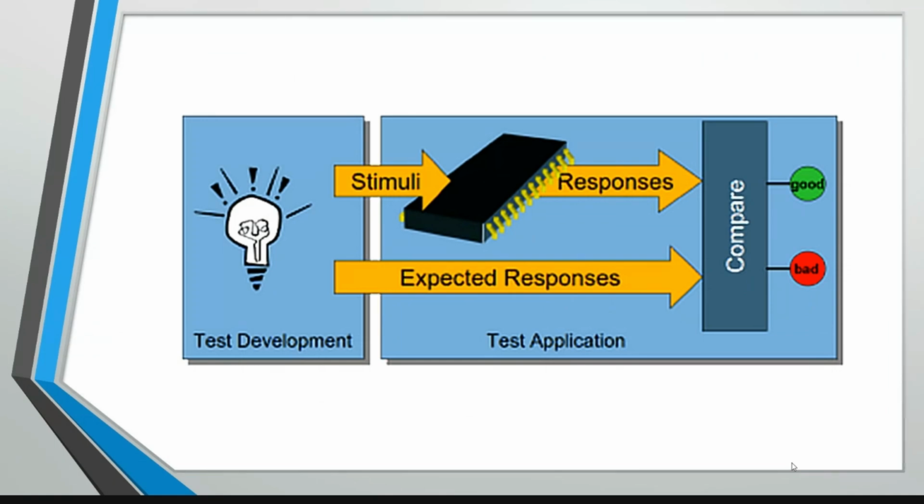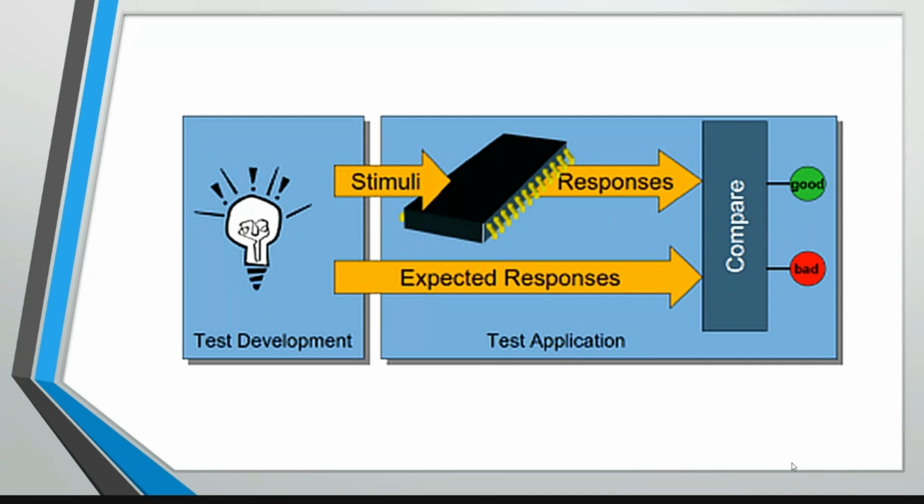So an IC has input and output pins, and bidirectional pins as well. Post manufacturing, an IC has to be verified by providing inputs and expected outputs, because the equipment or machine is already configured to test this particular IC, knowing that if you give this particular input, this is the expected outcome.